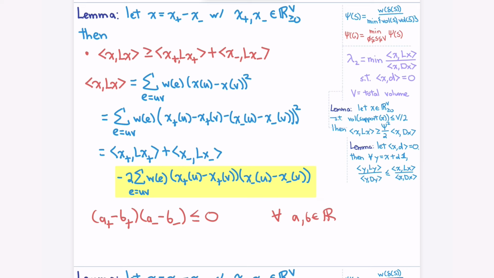Yeah, that's probably better than what I had. Mine was like, if A is bigger than B, then this is greater than or equal to 0 and this is less than or equal to 0.